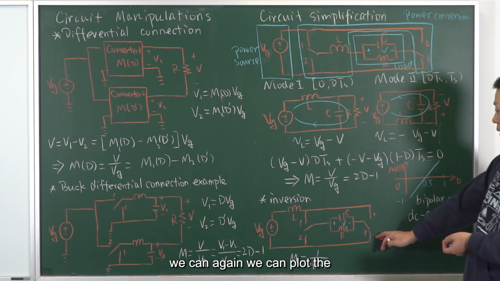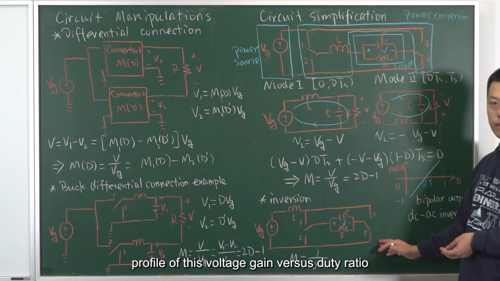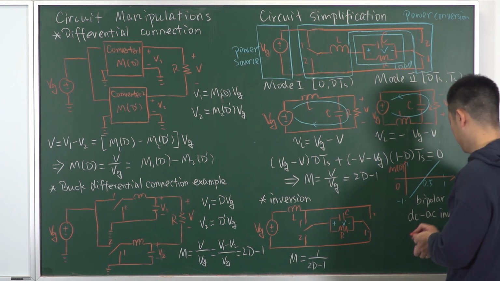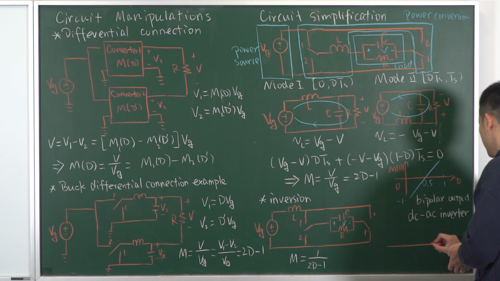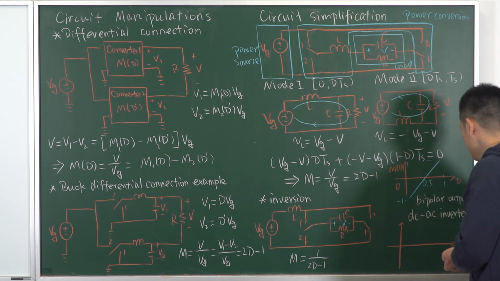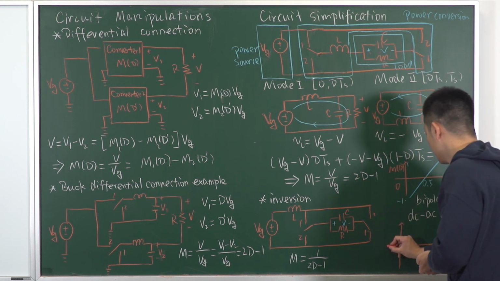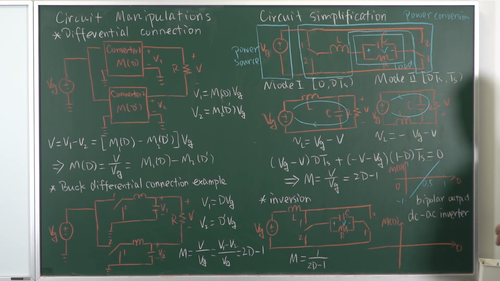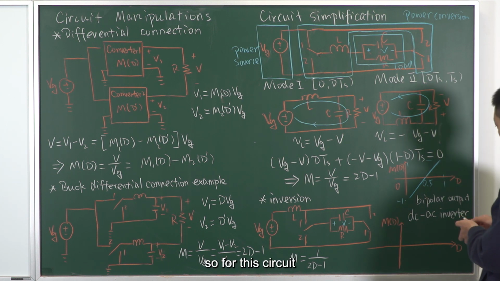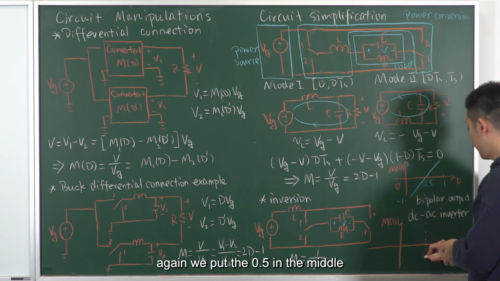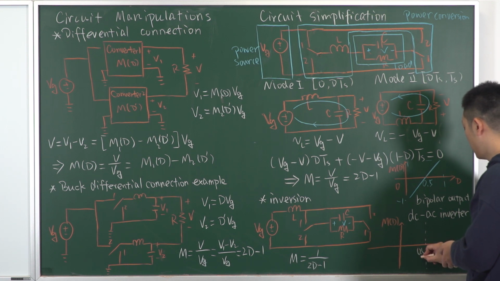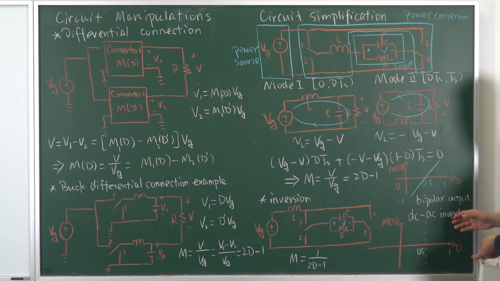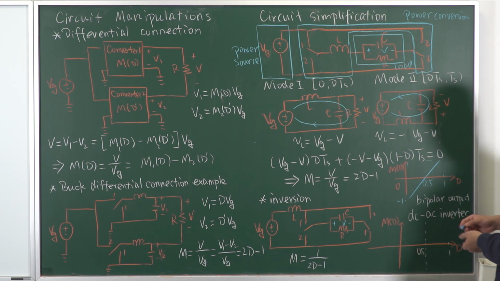We can plot the profile of this voltage gain versus duty ratio. So for this circuit, again, we put the 0.5 in the middle. And here is 1. You will see that this has two segments of curves.